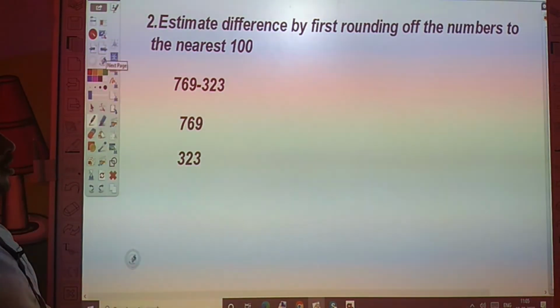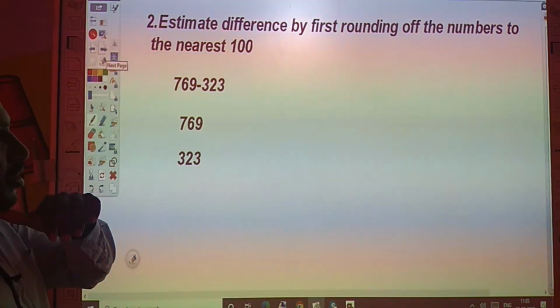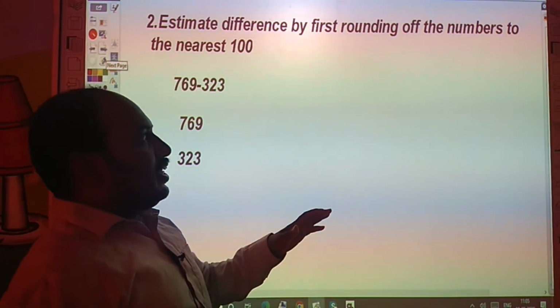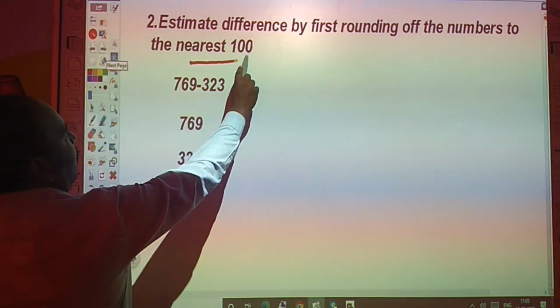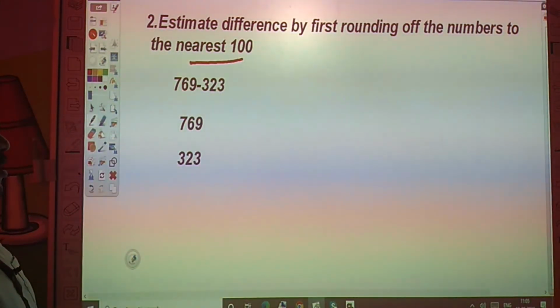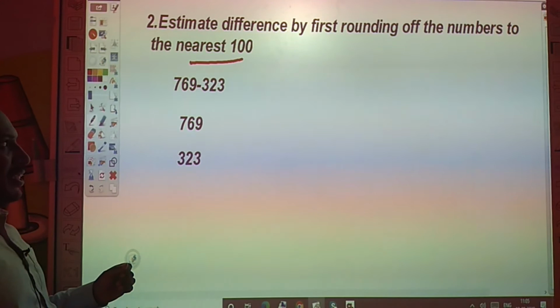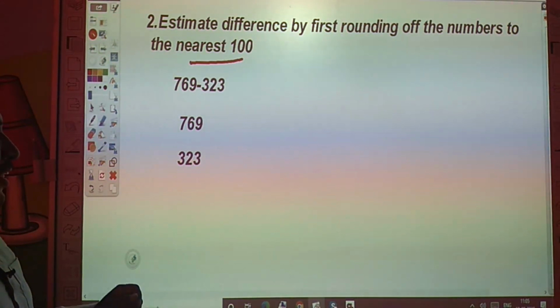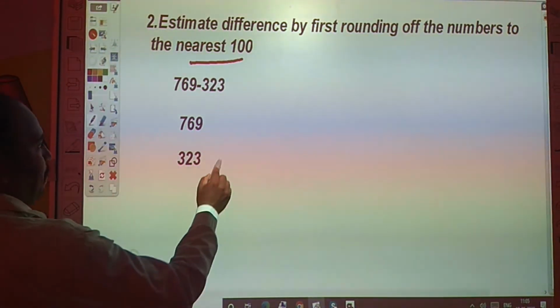The next one is also estimating the difference by first rounding to the nearest hundreds. The first is 769 minus 323.